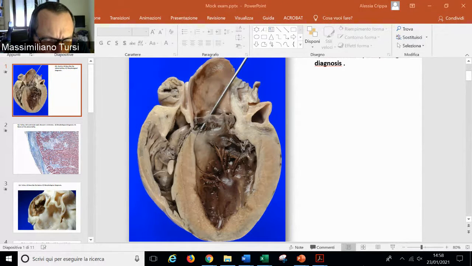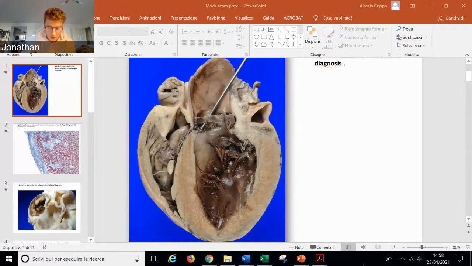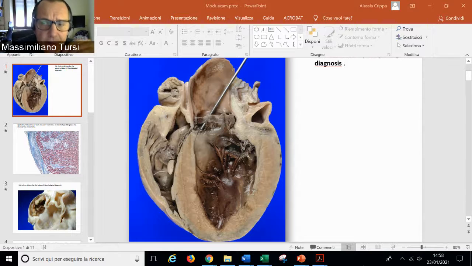Okay. Now is it clear, Jonathan? Yeah, I think so. But as I said, I was just confused with the words. I guess ulcerative or necrotic, is that the same? It's the same, sure. But usually for this situation, we prefer to use ulcerative.